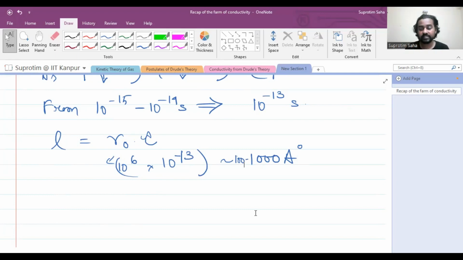So in this lecture, we learned about typical estimates of the mean free path from Drude's assumption and the typical time scale between two successive collisions for different materials. We estimated that, and we learned about some drawbacks of Drude's theory.